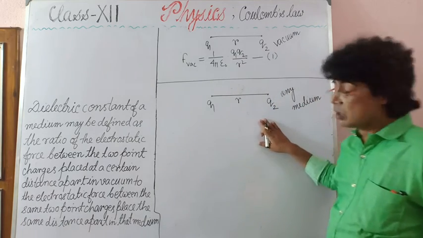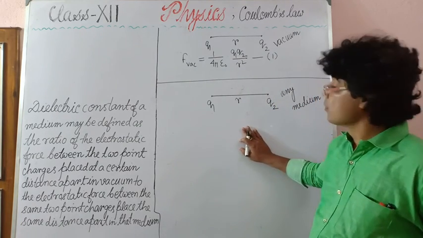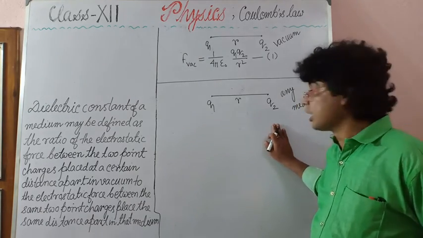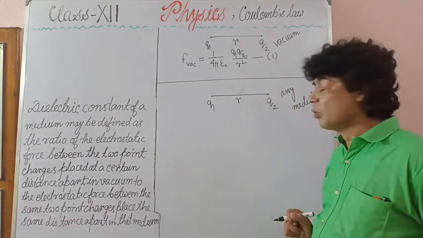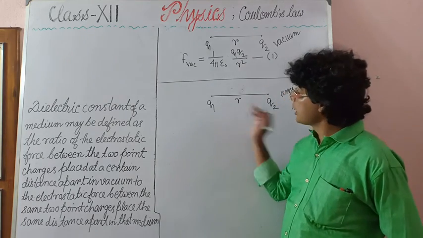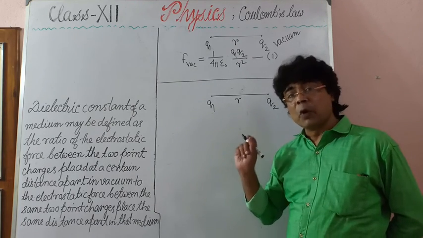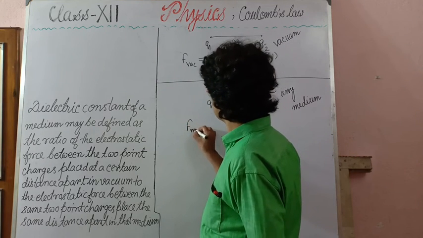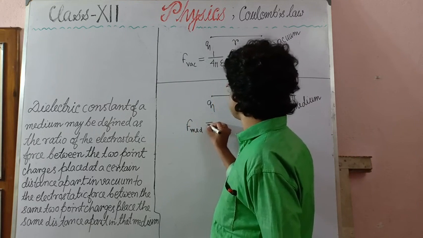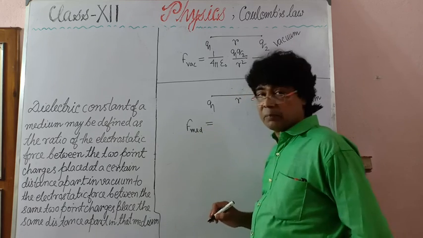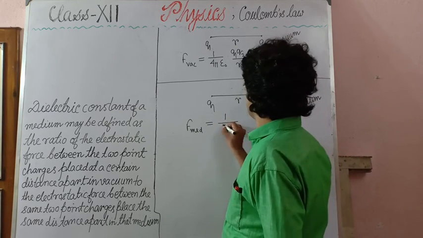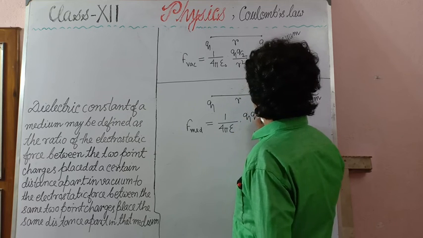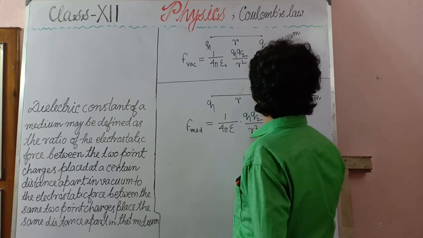In this case, here the point charges are situated in any medium. Now, if we consider the electrostatic force between the point charges is F medium, then in SI units, F medium equals 1 by 4 pi epsilon Q1 Q2 by R square.